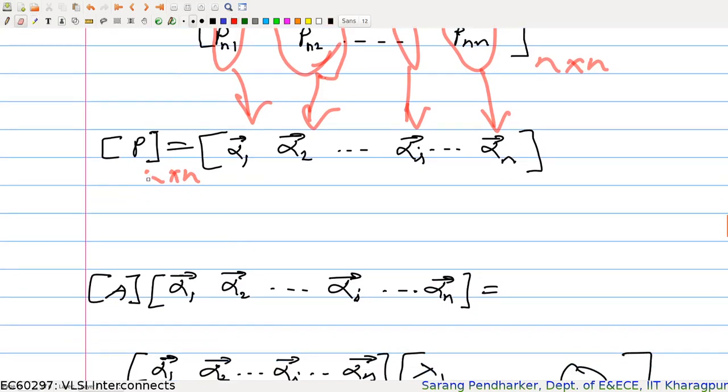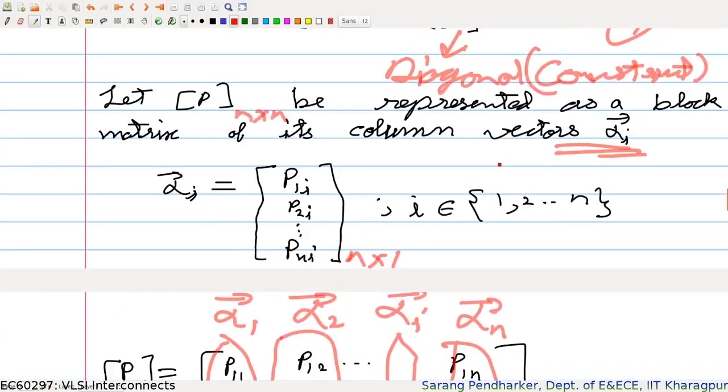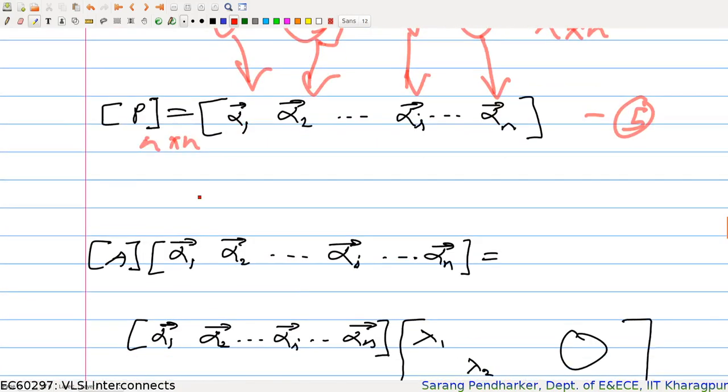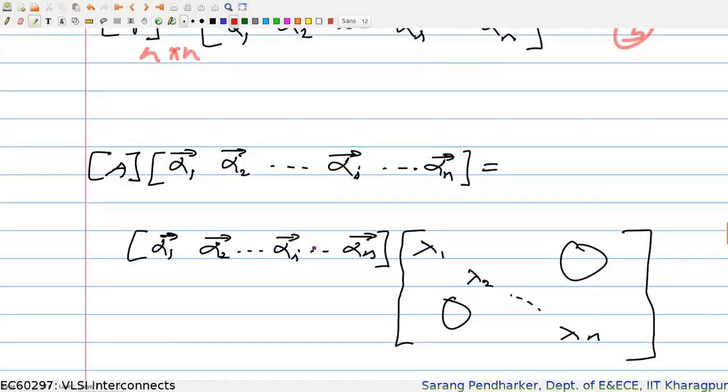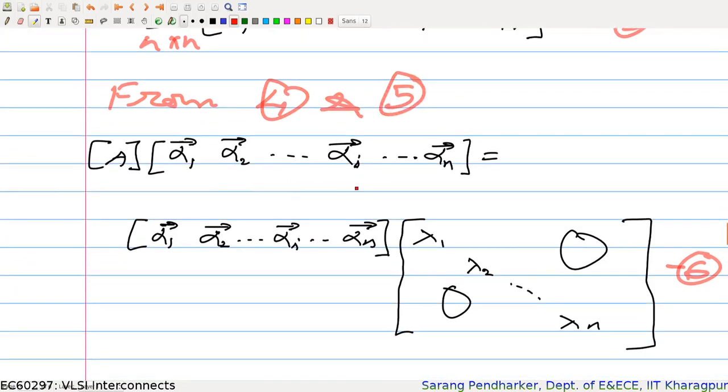So this is my equation 5. Now if I substitute equation 5 in equation 4, I can write this like this, where my P I have represented in terms of alpha i's. I get this from 4 and 5.